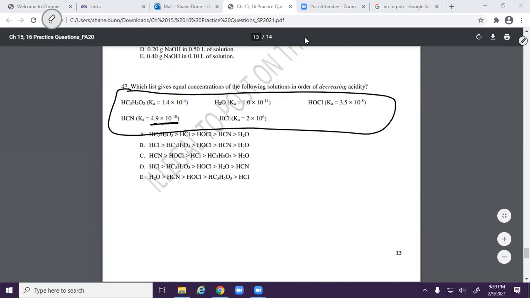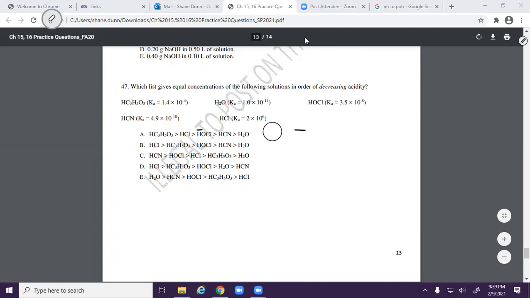And we're asked to go from decreasing acidity. So which one should be our first one? The strongest acid, right? So HCl should be our first one. The next ones have exactly the same value, which defeats our purpose. So that just means we should look for the weakest one. Which one is the smallest Ka value? So H2O is last. That's how you solve that one.